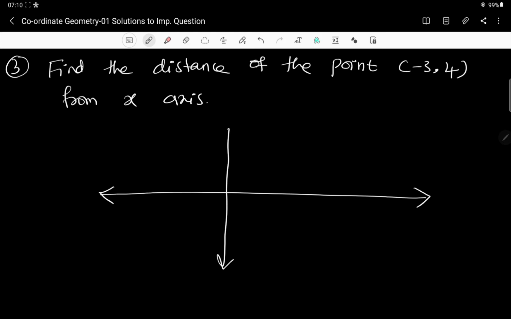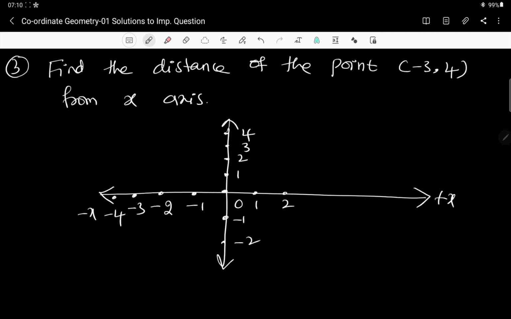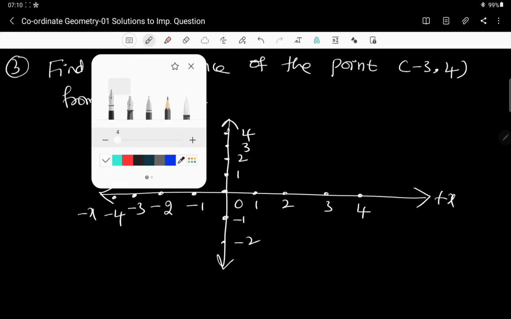Yes, for example, all this is positive x-axis, negative x-axis, we have a 0, this is minus 1, minus 2, minus 3, minus 4, and here it is minus 1, minus 2, here it is 1, 2, 3, 4, and here also 1, 2, 3, 4, and all it comes. Minus 3 comma 4 means where does it come, tell me.